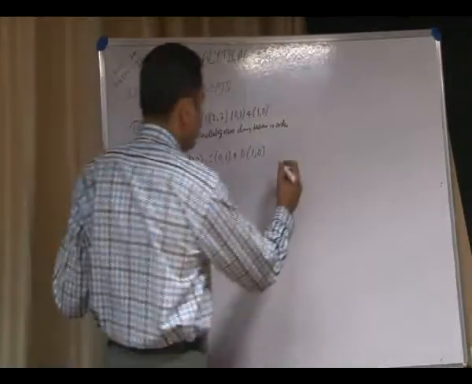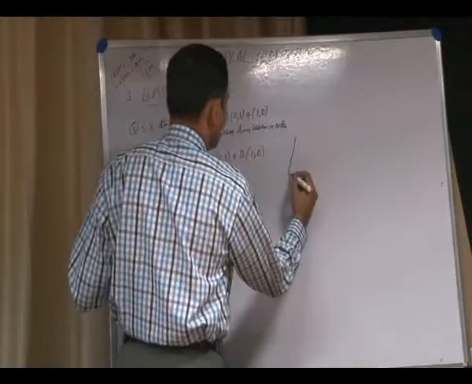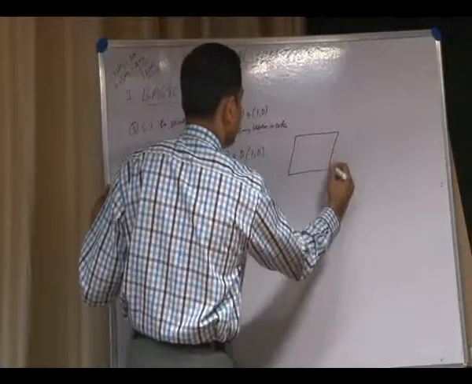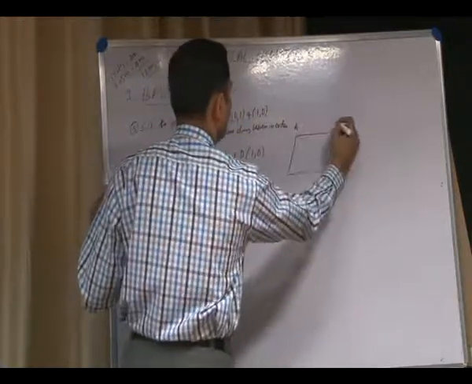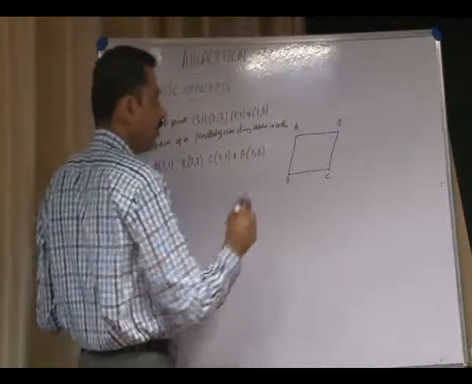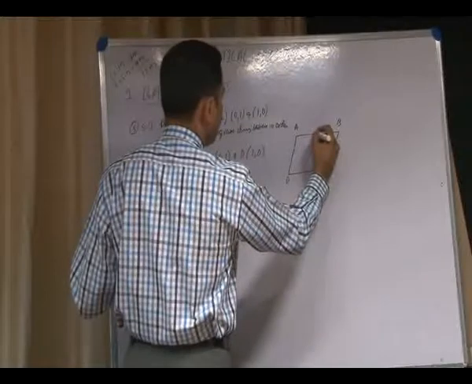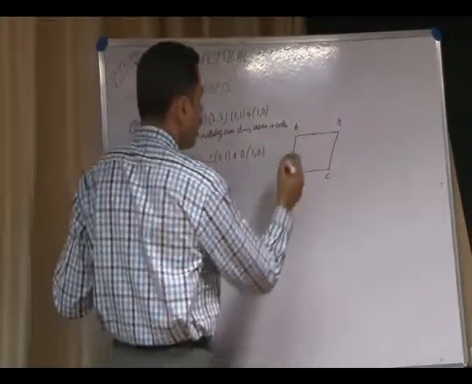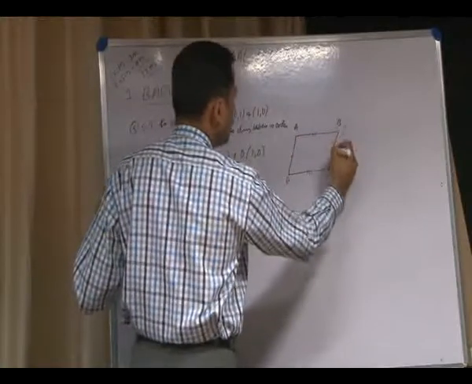See, a parallelogram looks like this. Suppose we consider this is a parallelogram. ABCD is a parallelogram if opposite sides are equal: opposite sides AB and DC should be equal and AD, BC should be equal.